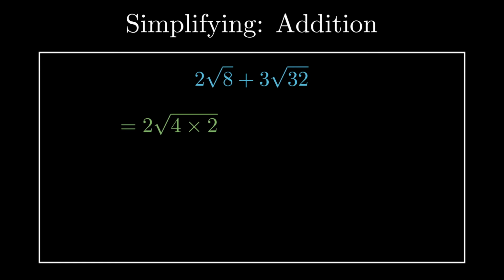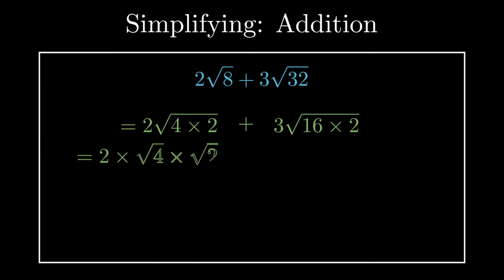So on the left side we have 2 times by root 4 times 2 plus 3 times root 16 times by 2. We can split the left side up into 2 times root 4 times root 2, and then the right side will be split up into 3 times root 16 times by root 2.